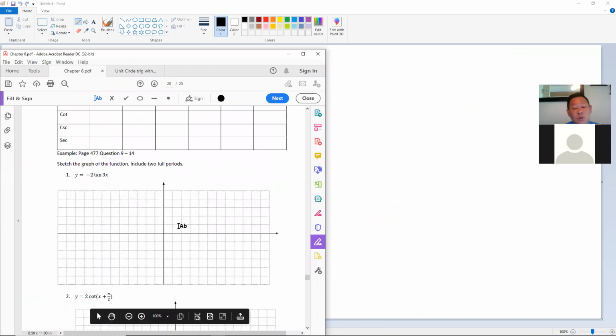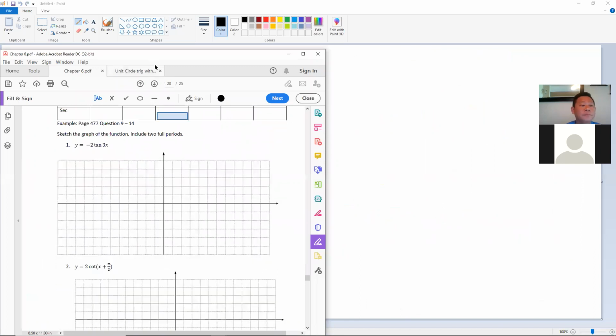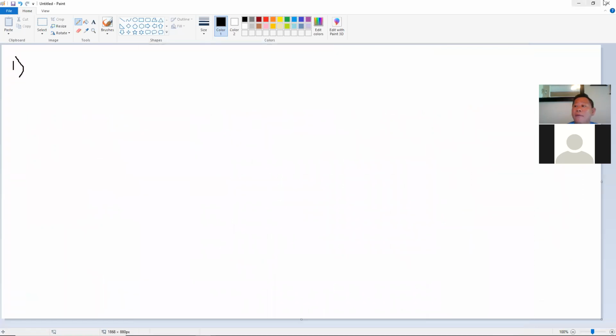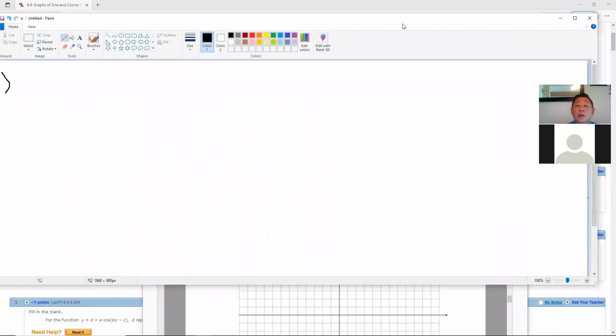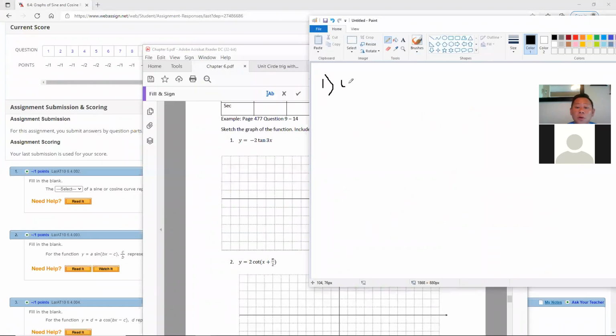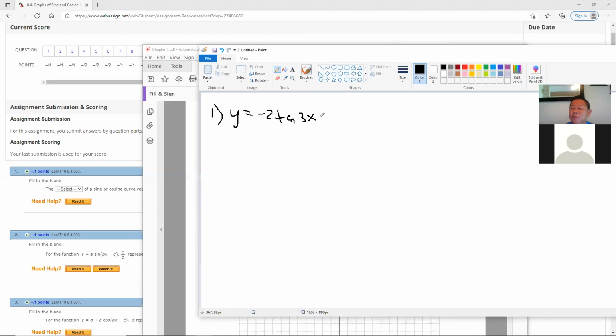So let's do some examples in this case. The first example for this question is asking us to do y equals -2 tangent 3x. Usually when we do tangent and cotangent, we do have phase shift, but we try not to do the phase shift and the D first because that's sometimes a bit more difficult.